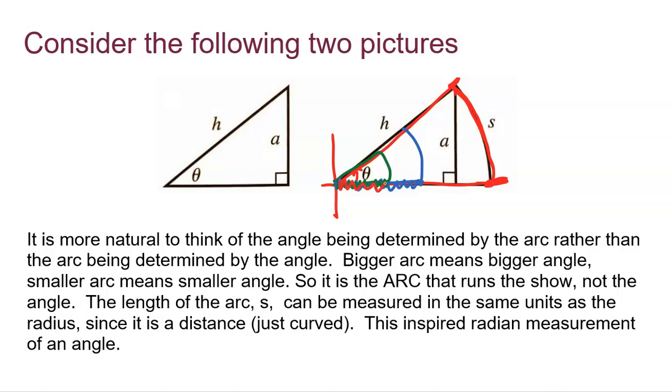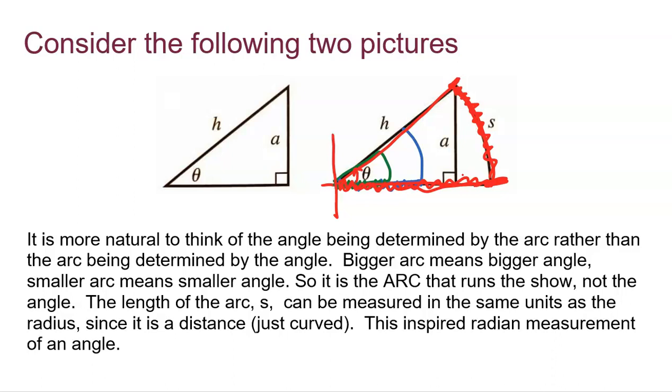I could actually measure how long that radius is. So it makes way more sense if I measure the angle not by pulling out a protractor and using degrees, but I look at the relationship between the arc created and the radius, because those two things are both distances, which means they have the same unit.